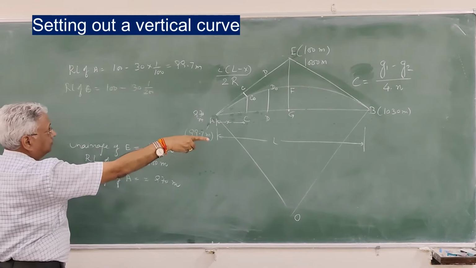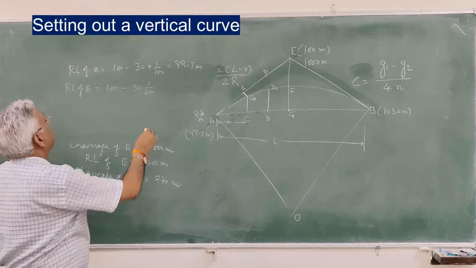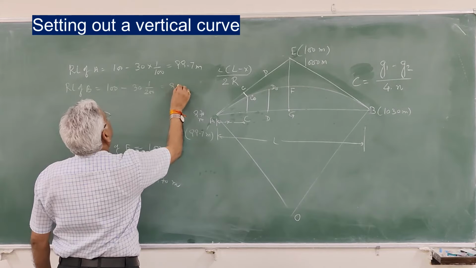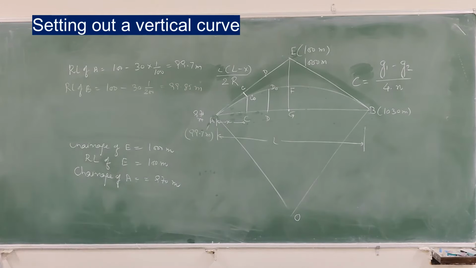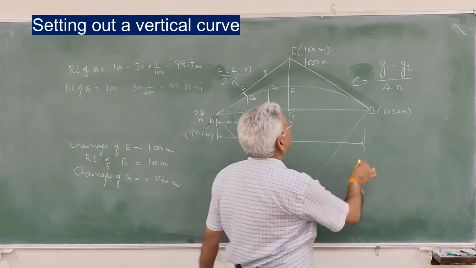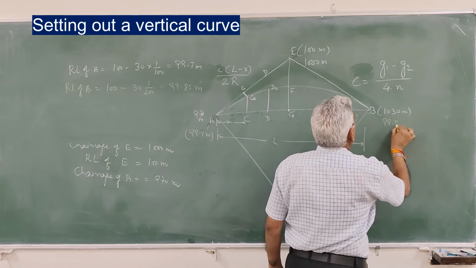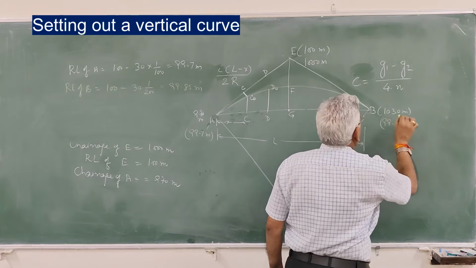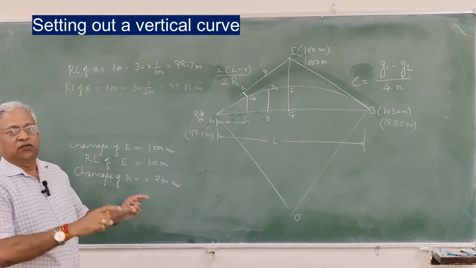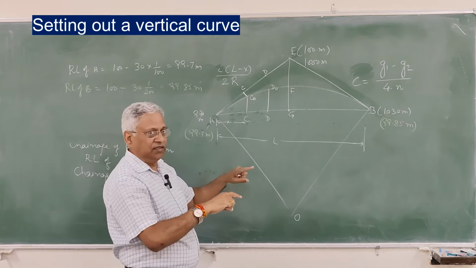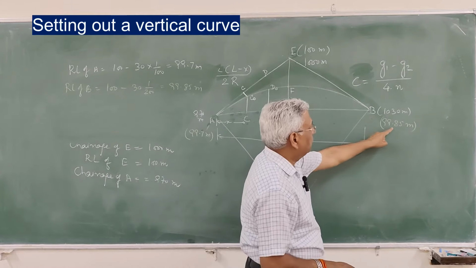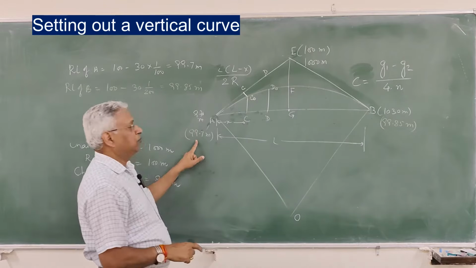That is the slope downward. So it will be 99.85 meter. So in a length of 60 meter, there is a change in the RL of 99.85 and 99.7.